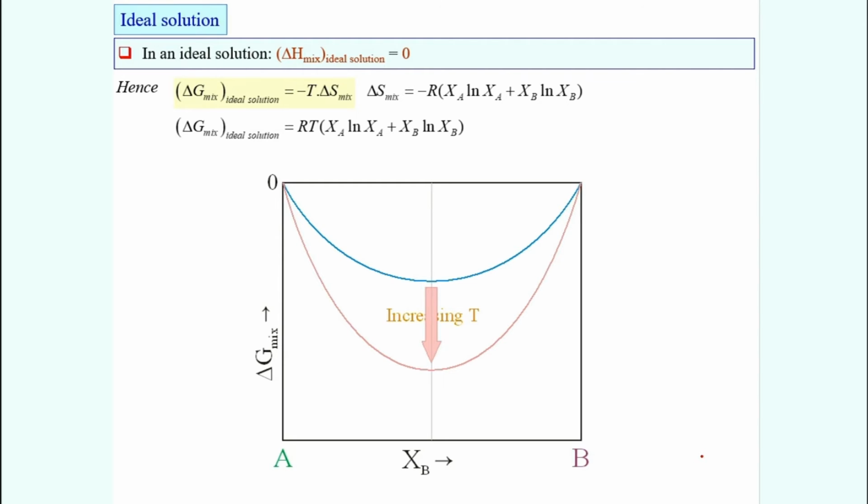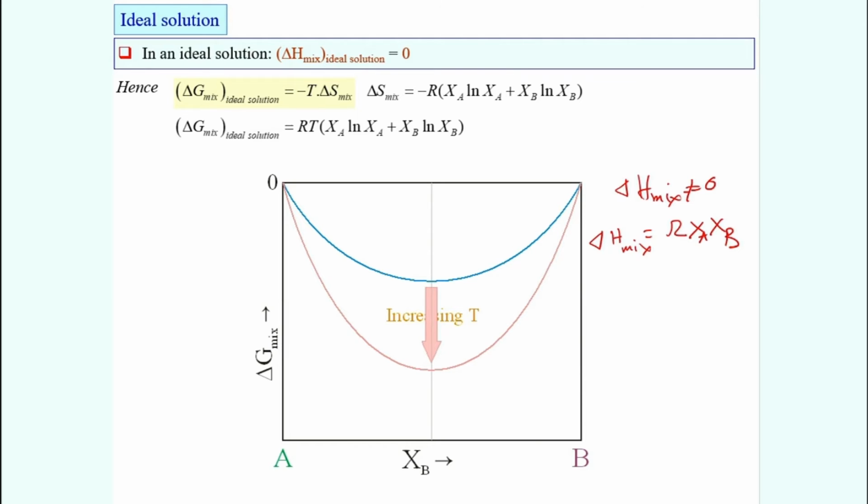Correct, but most of the cases this does not happen because delta H mix will not be 0. Many models, like the regular solution model and quasi-chemical model, say delta H mix is equal to this, where sigma is basically the interaction parameter, how strongly these atoms are bonded, how strongly you are bonded with your friends, same thing.